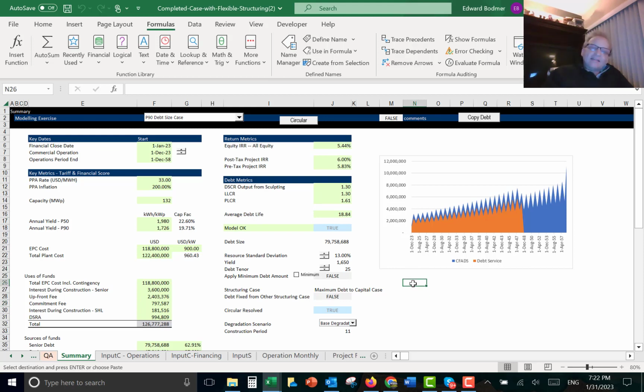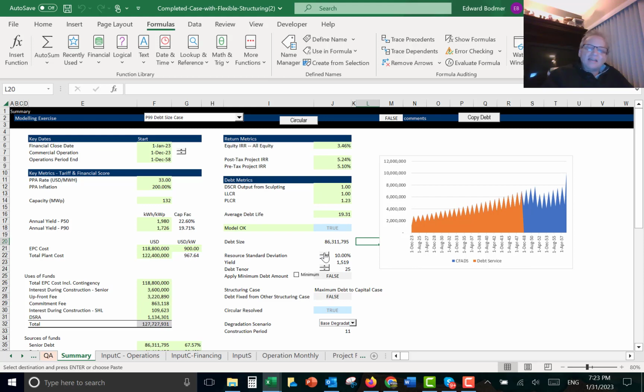Okay, and now if we go to the P99 case, it goes back and resets the thing. So I reset the standard deviation. We have to run the circular reference. And in this case, after we run the circular reference, again it takes a minute, and I have 86 of debt.